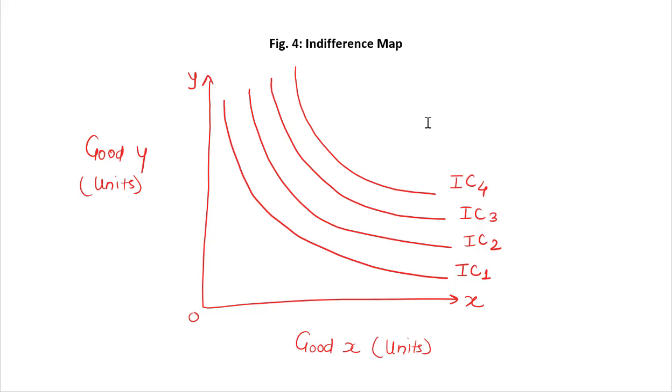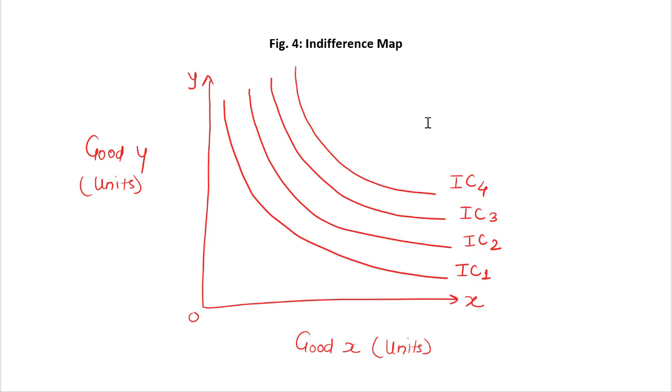This is combination 4. If I ask you a very simple question, then out of these 4 indifference curves, which is the best for you? Obviously, by general knowledge, you can say that, sir, the indifference curve which is higher will give us more level of satisfaction.